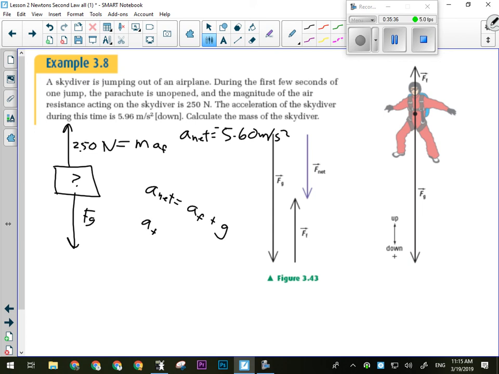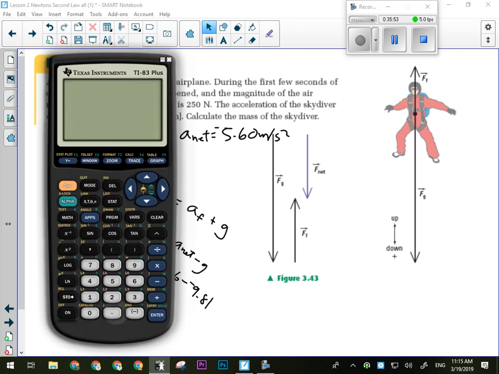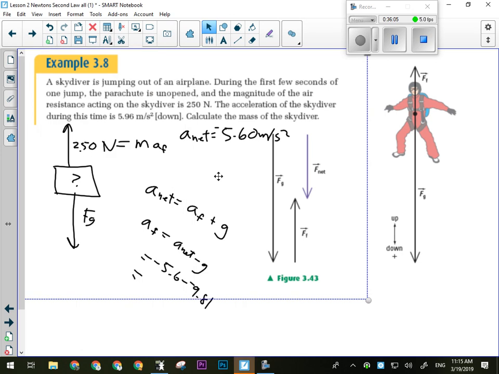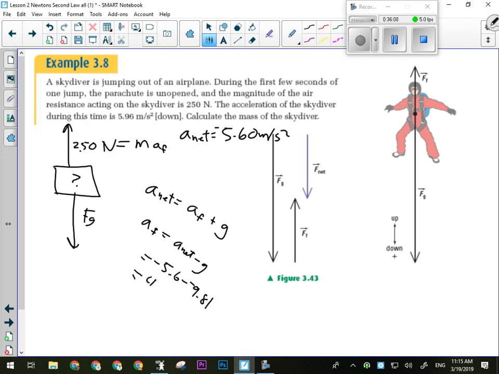The acceleration due to air resistance is going to equal our net acceleration minus g. So that's going to be negative 5.6 minus negative 9.81. That'll give me a positive number, and it should be positive because it's upwards. All right, so the acceleration due to air resistance is 4.21 meters per second squared up.